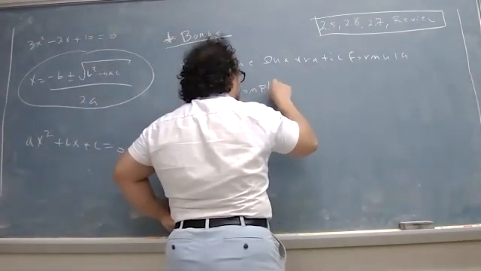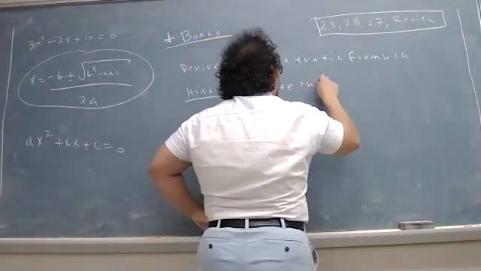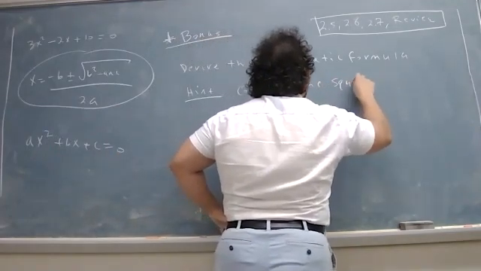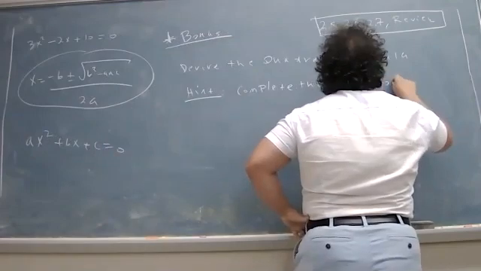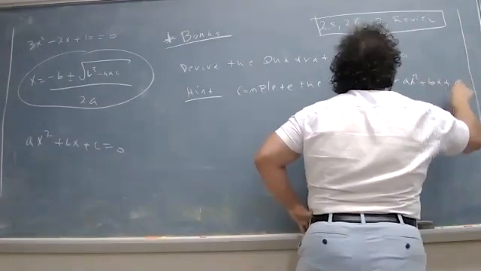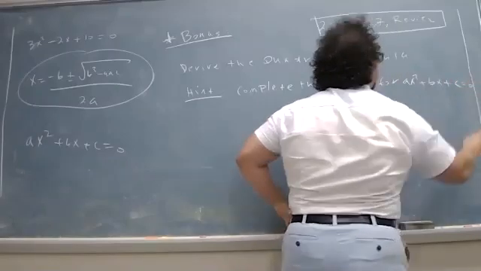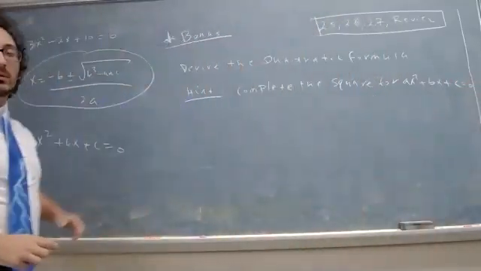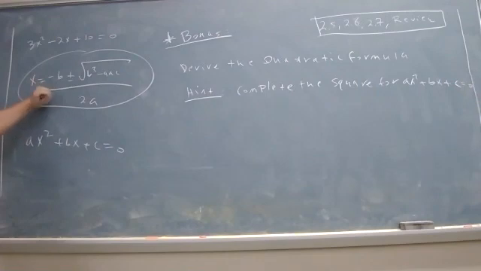Complete the square for ax squared plus bx plus c equals 0. Once you do that, you will be able to derive this equation, x equals negative b plus or minus the square root of b squared minus 4ac all over 2a.